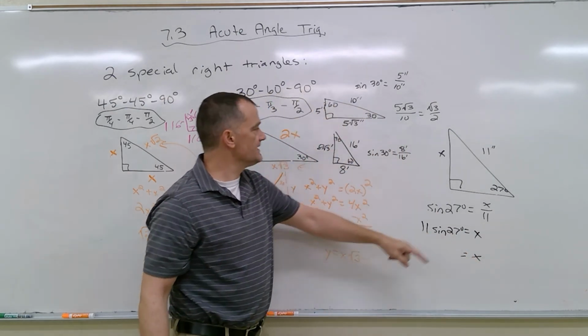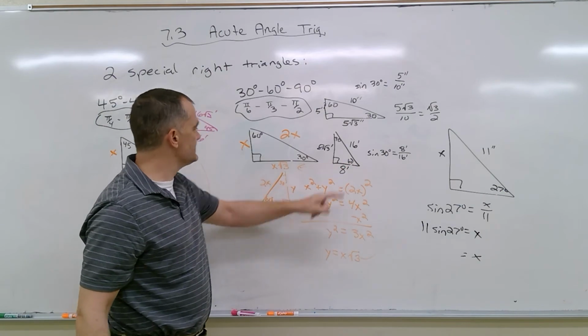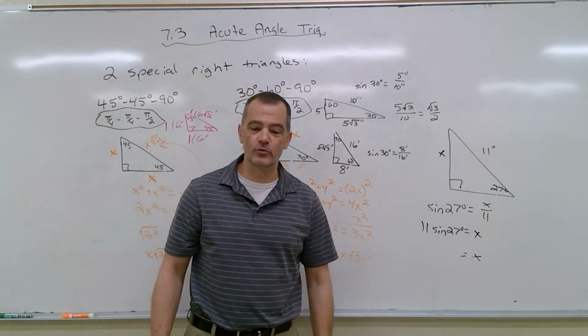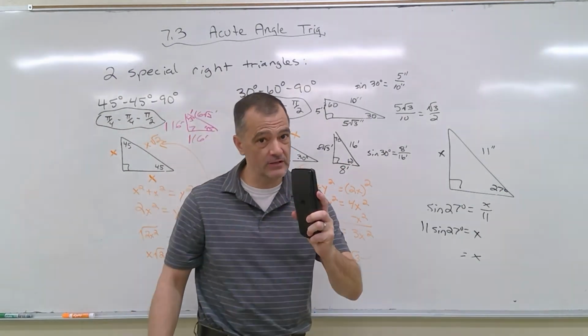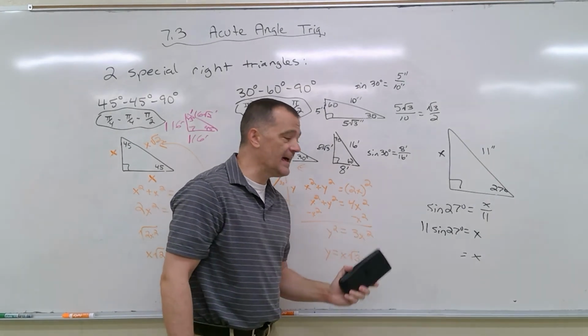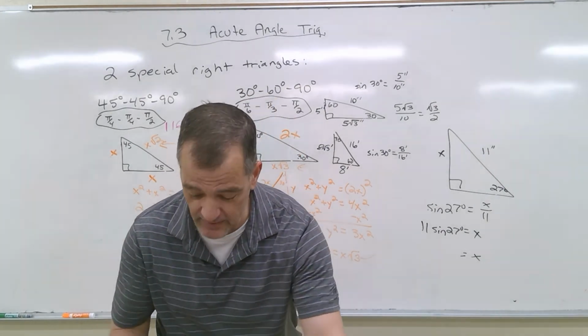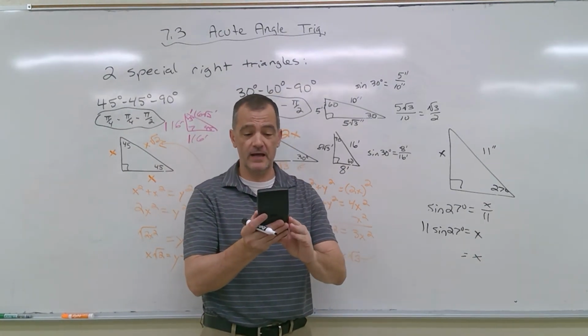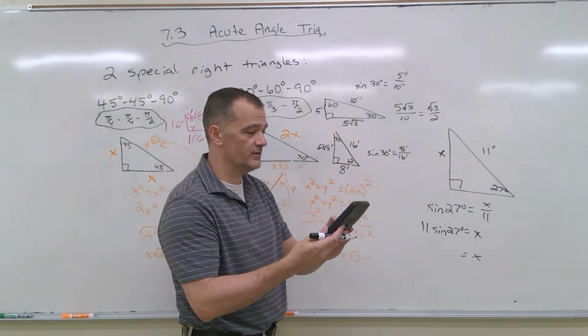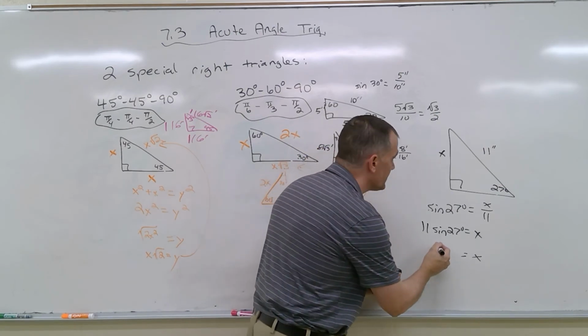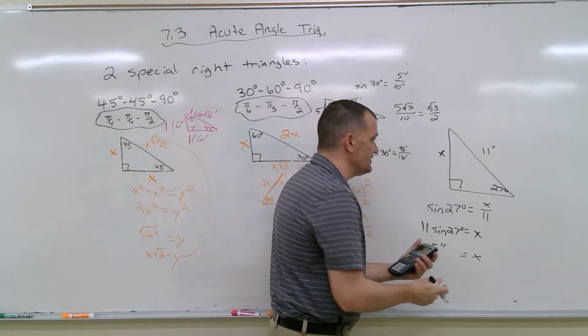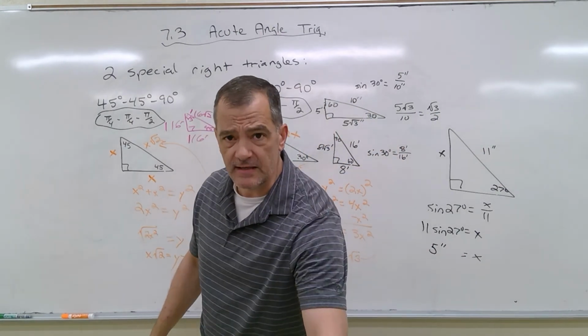If this angle is not 30, 60, or 45 degrees, you're going to pick up your calculator and type in 11 times the sine of 27. Just make sure your calculator is in degree mode. 11 times the sine of 27 degrees is roughly 5 inches.